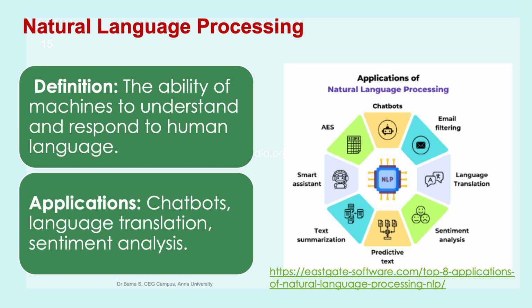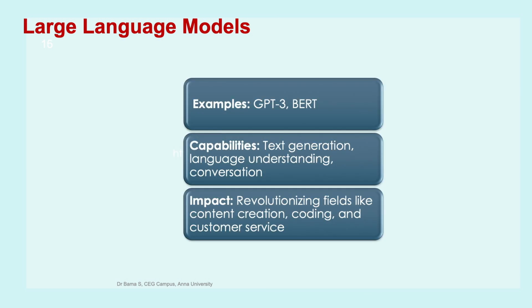Another current trend is the large language model, and the examples here are GPT-3 or BERT, and we will be seeing it in one of the units in detail. The capability is where generative AI starts. Generative AI means, can we generate text from a given prompt?